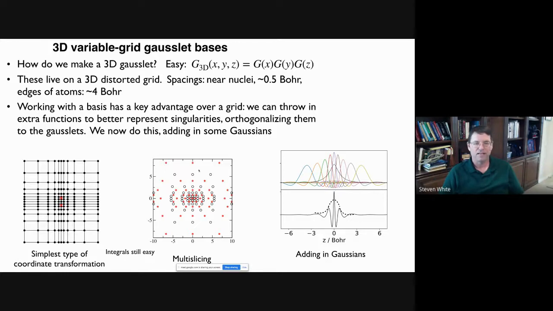And so you can get improved spacing of the functions, but they end up a little bit disorganized. We've gone back to this one with a post-decimation that I'll mention. So when you add in Gaussians to this, it looks like this. The gausslets are the functions that we added a Gaussian contraction to look like this Slater-type cusp orbital. And then we orthogonalize it, and we get this wavy function.